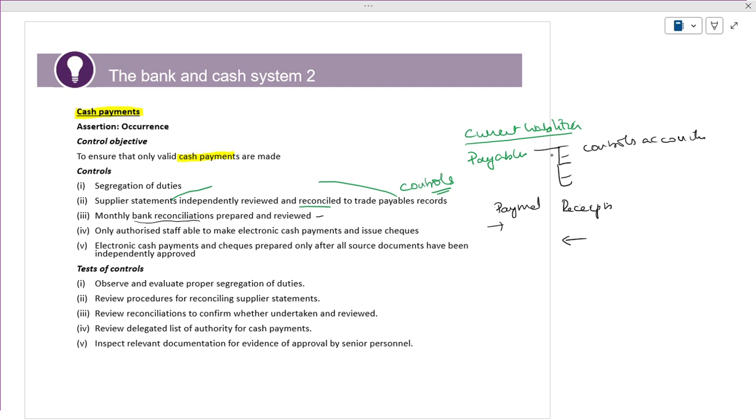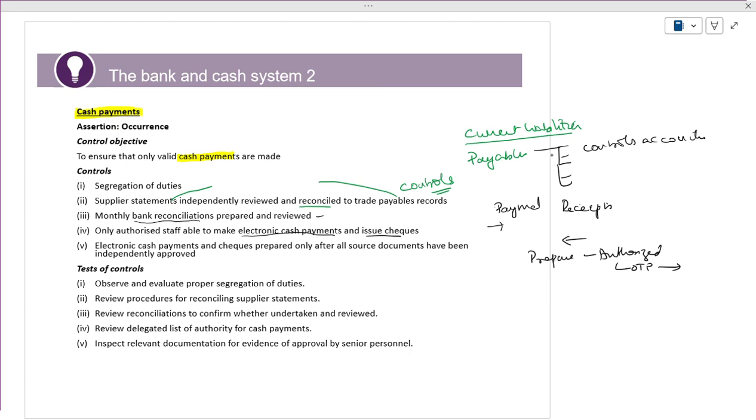Only authorized staff should make electronic cash payments. Even now, you are transferring with the help of software, bank to bank. Somebody will prepare, somebody will authorize the payments, then there will be an OTP and then the transfer. A structured process will be there.